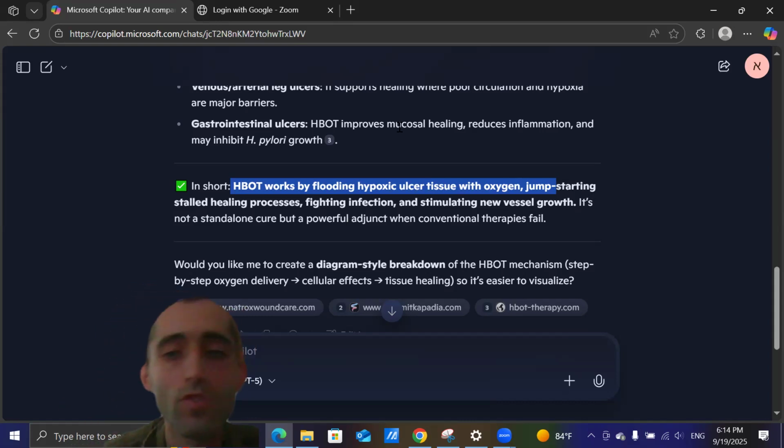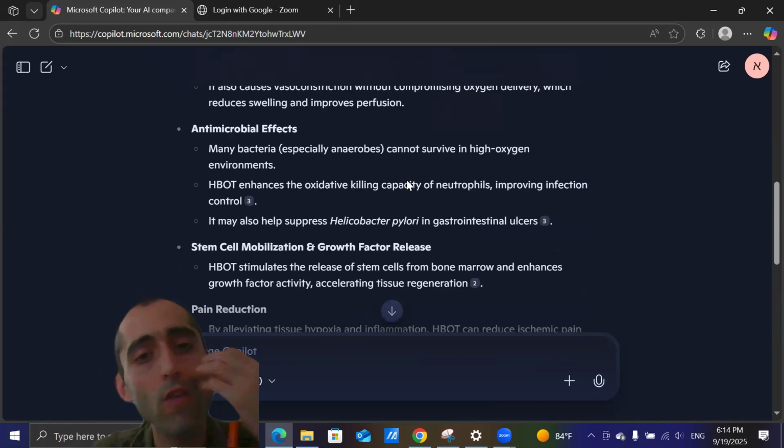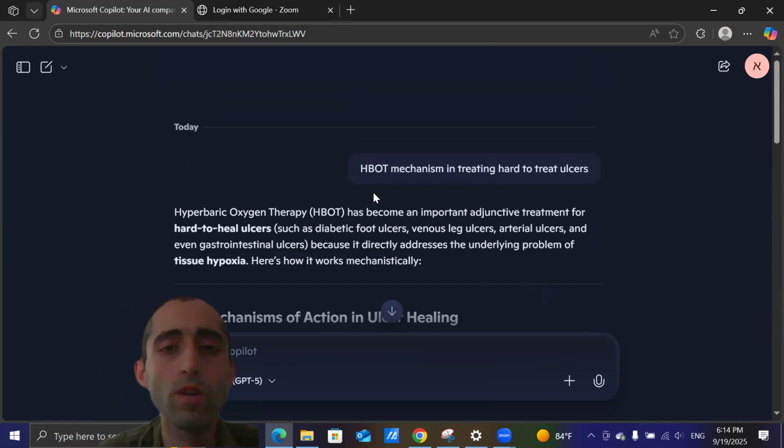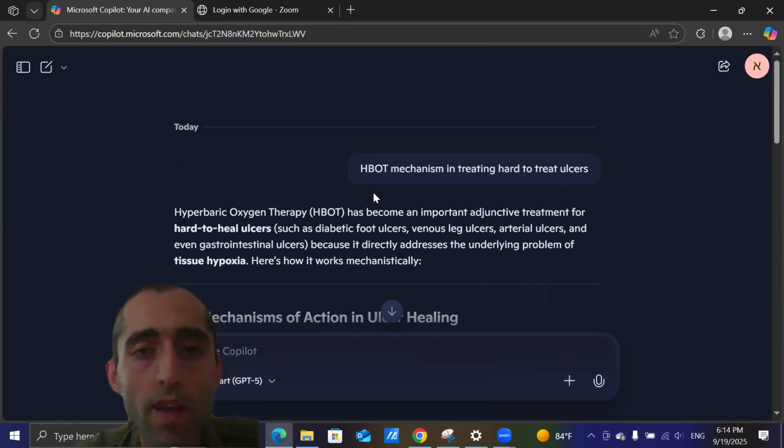Okay, this is just for you to see it written down, but we talked about the main things. So this is the relationship between hyperbaric oxygen therapy a little bit and how to treat ulcers, chronic ulcers, diabetic ulcers, venous or arterial ulcers, and the mechanism related to the treatment.